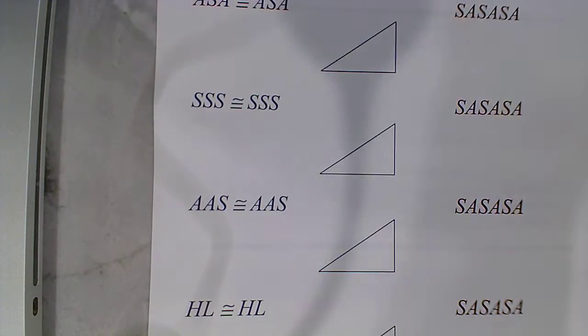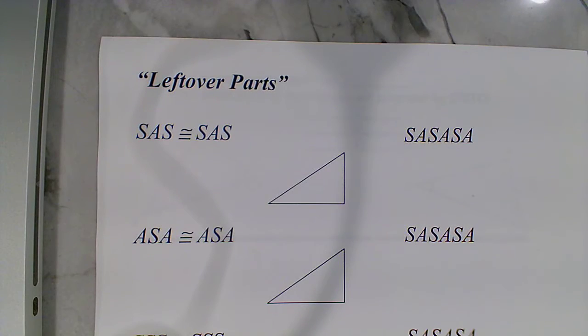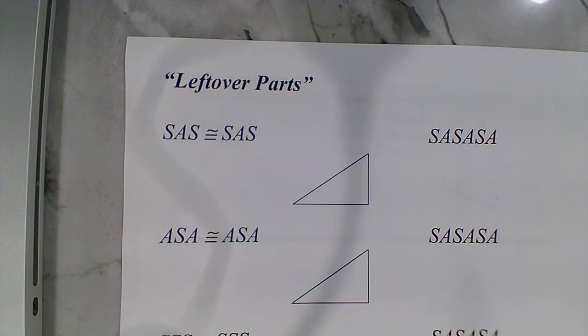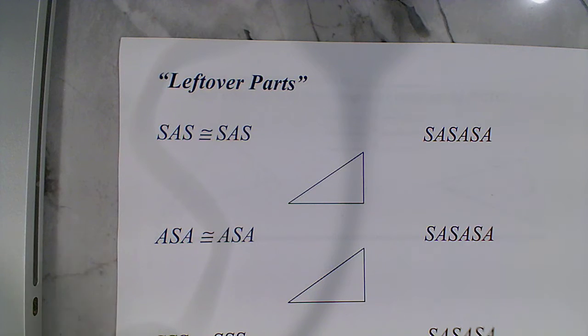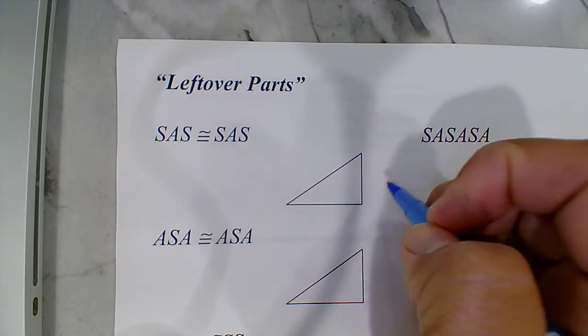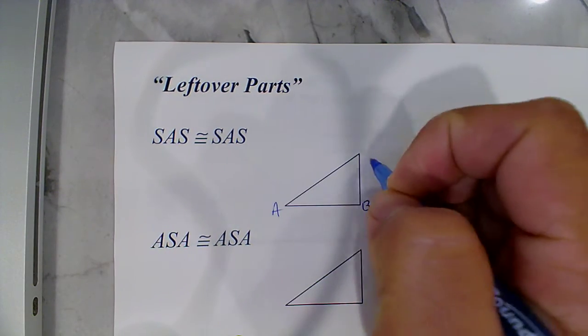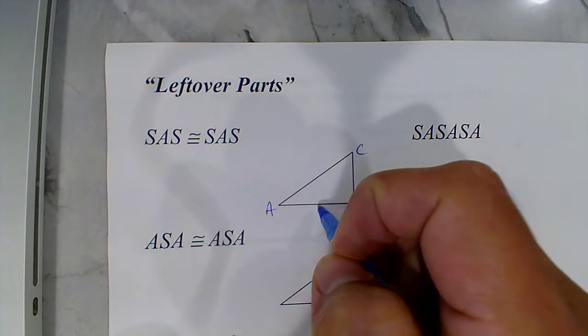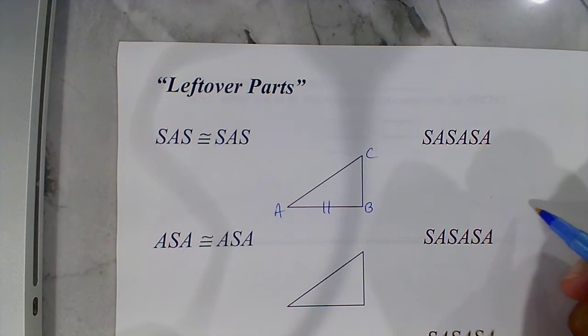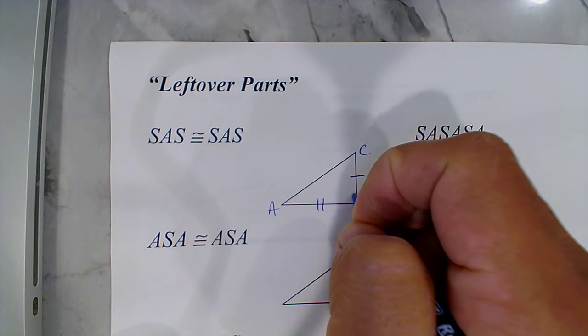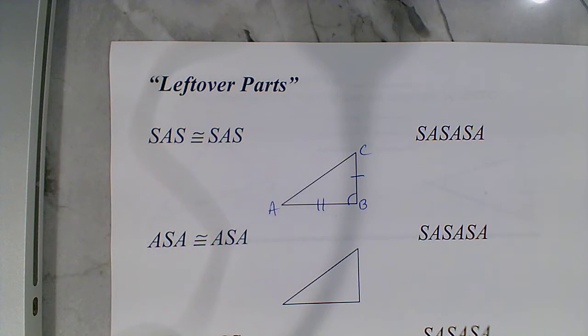All right, so let's go into it in a little bit more detail. I'm going to talk about this in terms of your leftover parts. So think about this. If you use side, angle, side to prove this triangle congruent to another triangle, I'm only going to show you one triangle because I don't want to confuse you. So let's say it was triangle ABC, and you had AB congruent to its corresponding side, BC congruent to its corresponding side, and this angle here, B, congruent. Well, what's left?